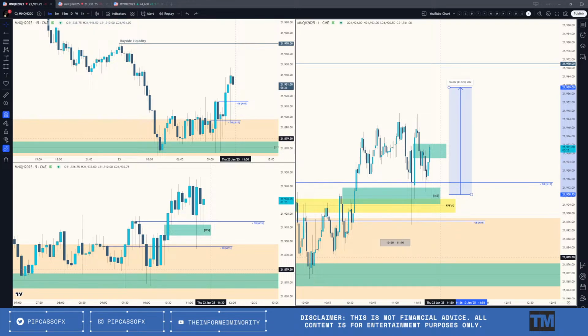We're going there. S&P took out its high, but NQ has not. But I believe it should.